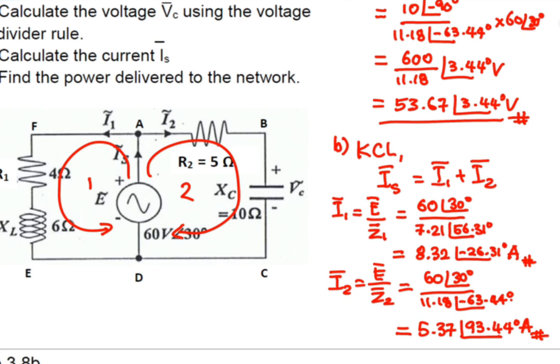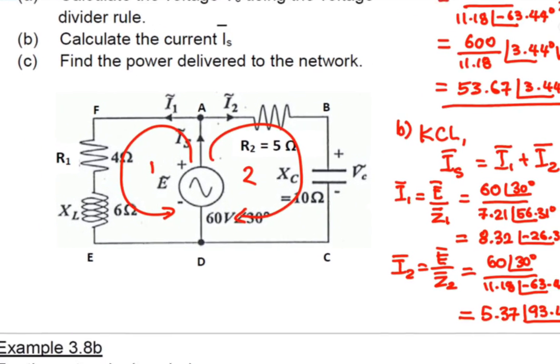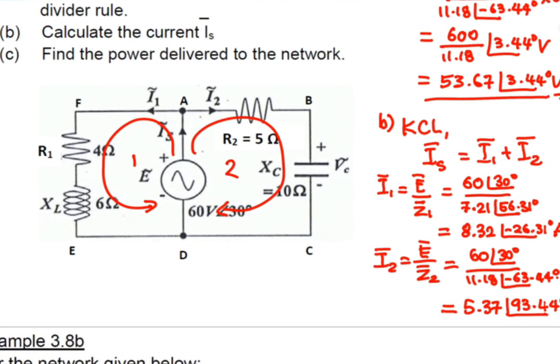So all we have now is to add up the two currents, and we get the total. As seen earlier, IS is equal to I1 plus I2.